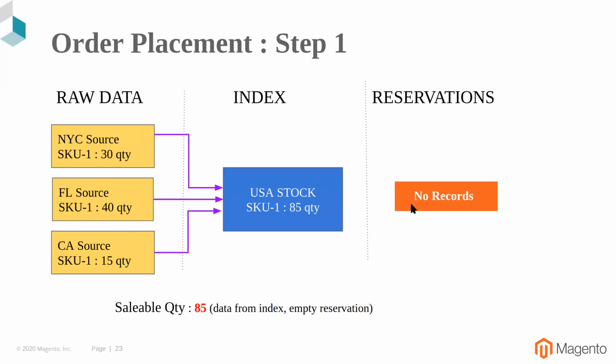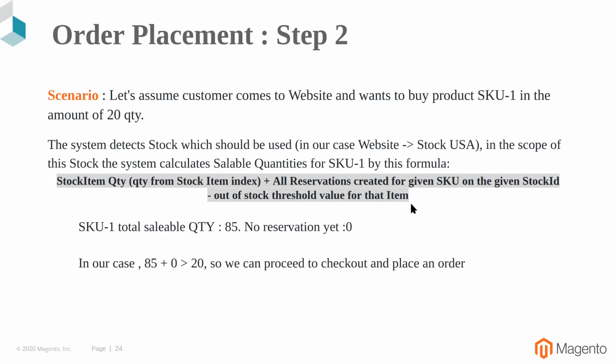Okay. Now for the second step, let's say a customer comes to the website and wants to buy the product of that SKU1 in an amount of 20. So what does Magento do? It checks whether that customer is eligible for checkout or not. So it calculates the sellable quantity using this formula, the slides which I have shown you in that class, right? What that class does is get the quantity from your stock item index table, which is nothing but your inventory_stock_ID, where the aggregate of all your sources against the particular SKU is maintained.